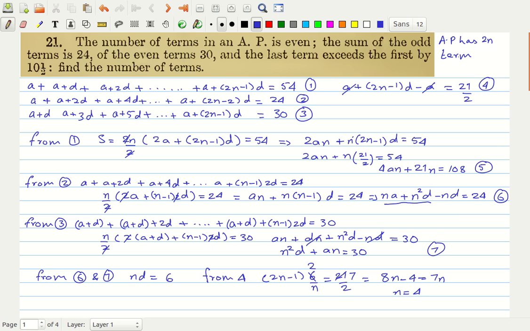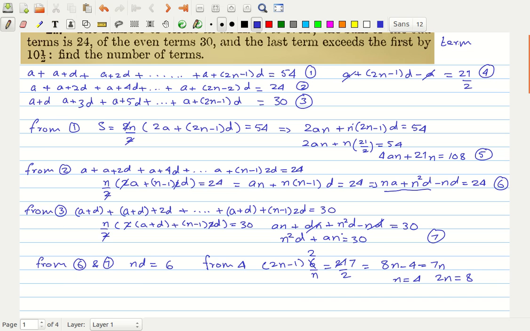So we have to find the number of terms. Number of terms is 2n. So if n is equal to 4, the number of terms will be 2n, which is equal to 8, right? Now once we know that n is equal to 4, we can actually find out d.